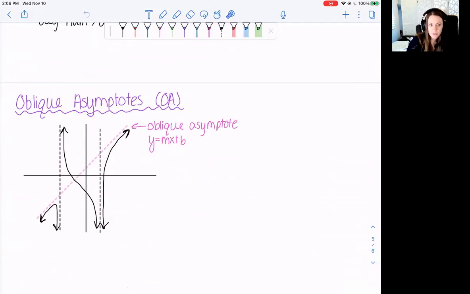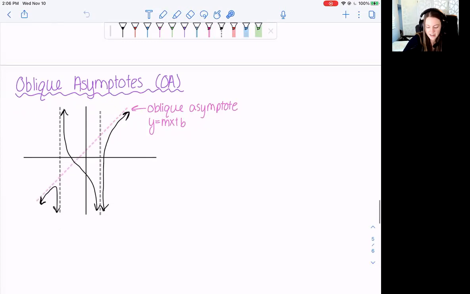Oblique asymptotes only happen if the degree of the numerator is exactly one more than the degree of the denominator. And in order to find an oblique asymptote, you have to do long division, or synthetic division if it's a situation that you can do synthetic for. And the oblique asymptote is the quotient after division has been done. So I'll write that all down.